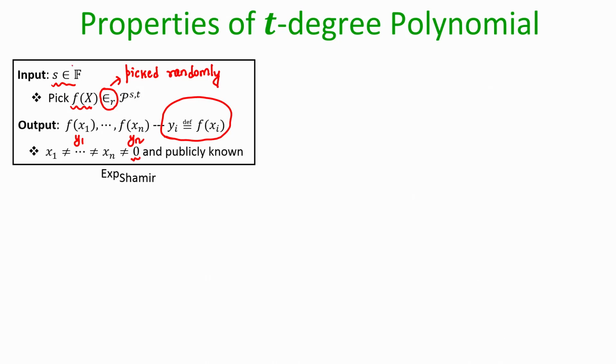Now you can see that if I run this experiment different times, my output could be different. The first time I run this experiment with the input S, the polynomial f of x that I choose might be different from the polynomial I pick when I run the same experiment again with the input S, because every time I am picking the polynomial randomly. I am not fixing the polynomial f of x, that is important. That is why this is a probabilistic experiment.